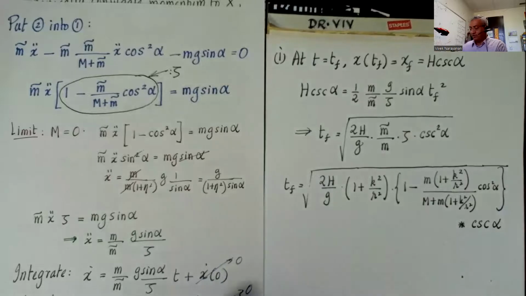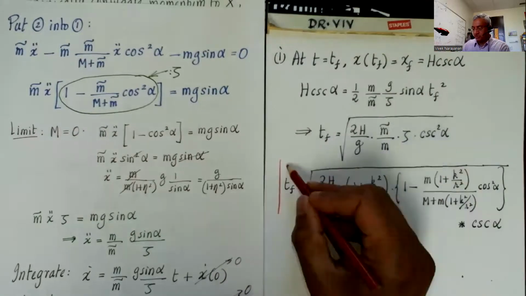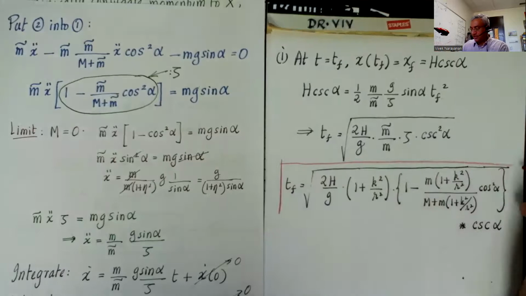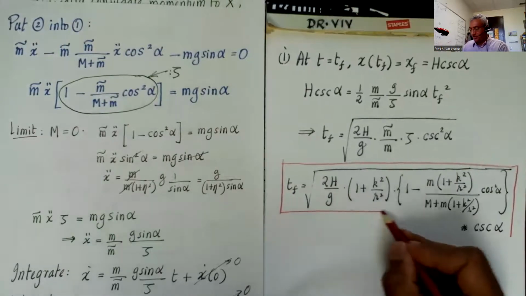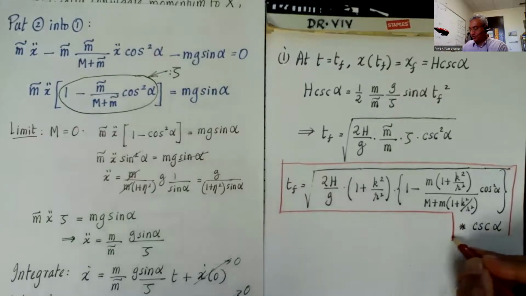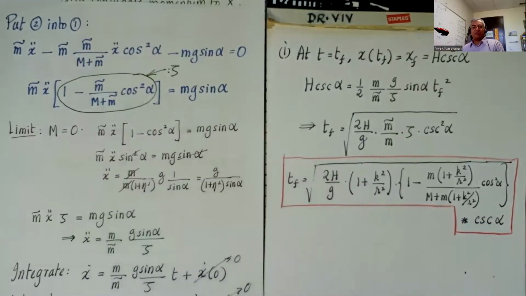So I have solved for the time. This nice monster expression is the time taken for the rolling object to leave the wedge.